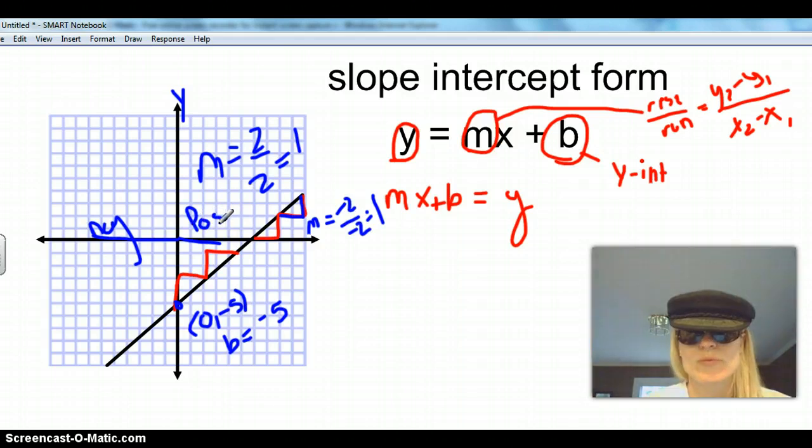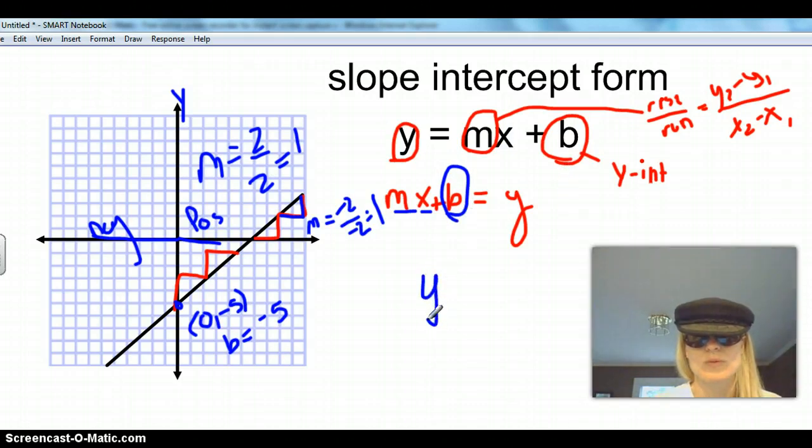So slope-intercept form, you need to remember, is where the y is isolated on one side. Your slope is always the number before your x, and then your y-intercept is the b, or in this case, the constant. So if I give you an example, let's say we have y equals x minus 3, and I asked you to find the slope. The slope is the number before the x.